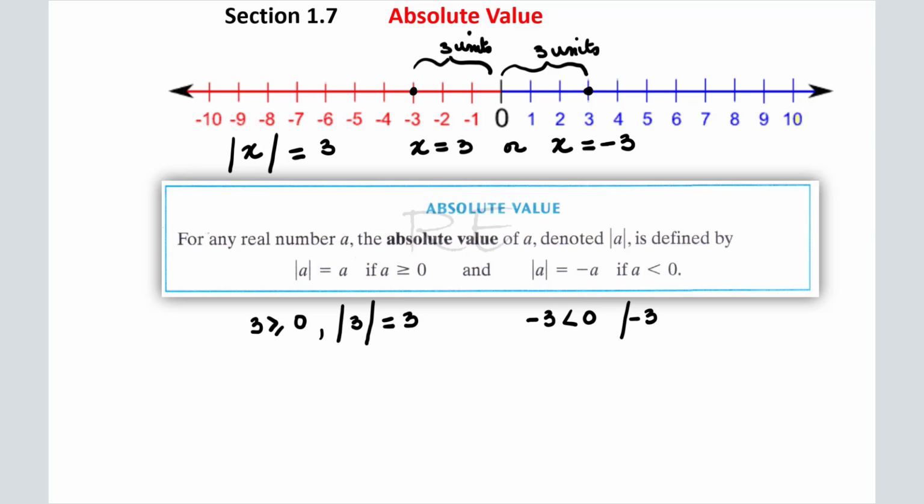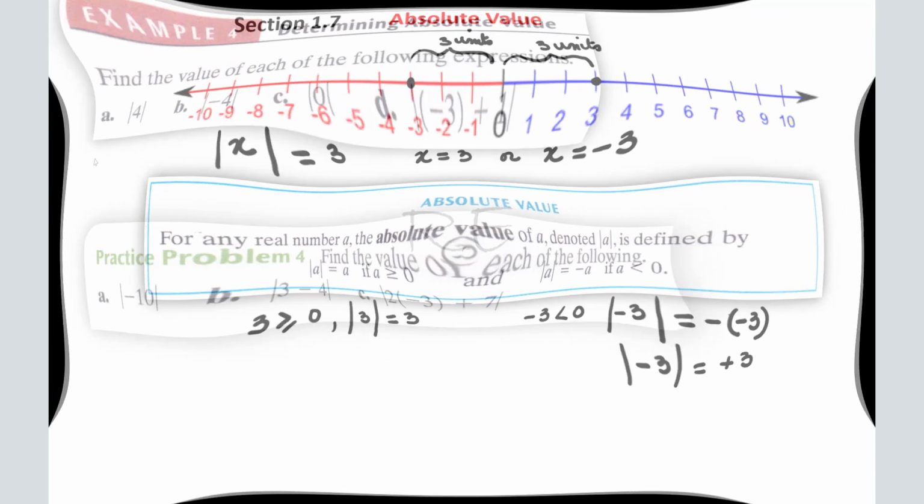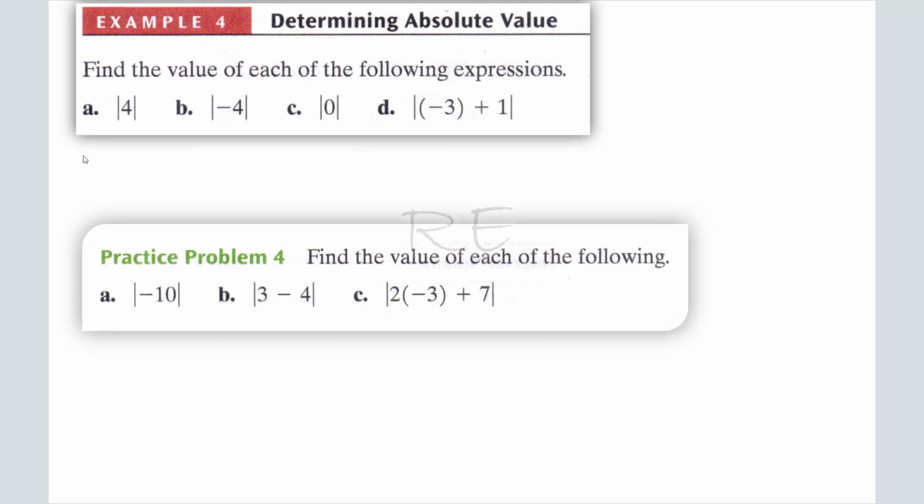Negative 3 is negative, the absolute value of negative 3 is equal to minus negative 3, which is positive 3. So the absolute value is always positive because it represents the distance from the origin.